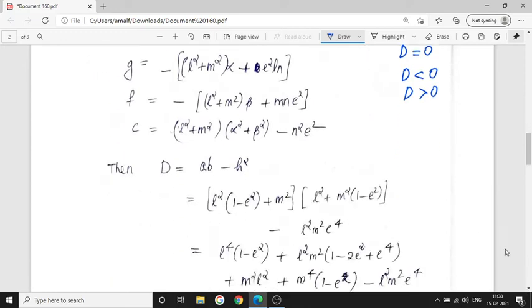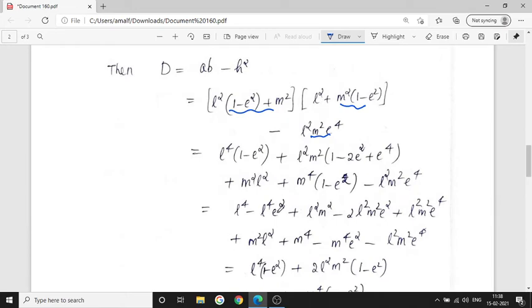Taking ab minus h square, upon taking the product you will get l raised to 4 into 1 minus e square, plus l square m square into (1 minus e square) whole square, plus m square l square plus m raised to 4 into 1 minus e square.